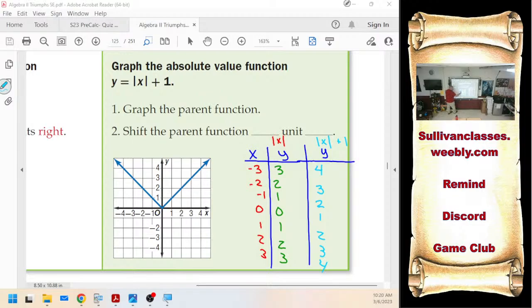I'm going to take this parent function and all the points on it, and just like we were talking about last time, I'm going to move it up 1. I'm taking the parent graph and moving it up 1 because look at where the 1 is. Is it inside the grouping or outside the grouping? So here, we moved it 1 unit up.